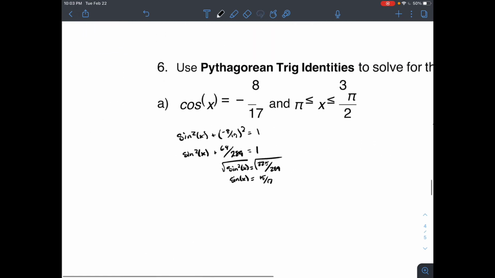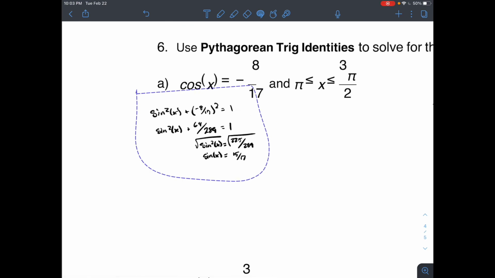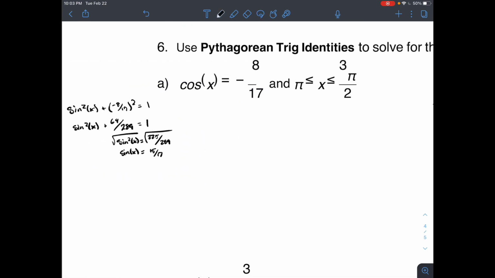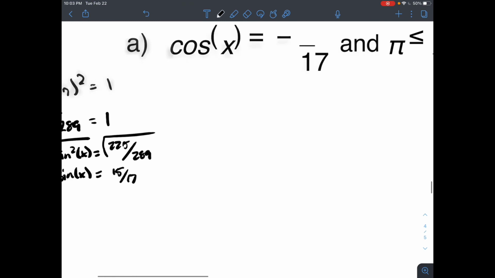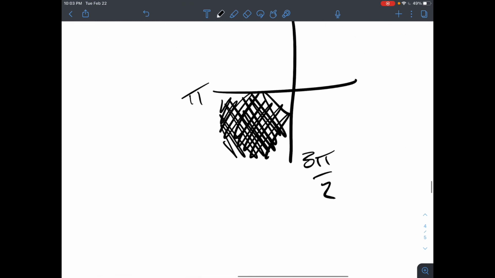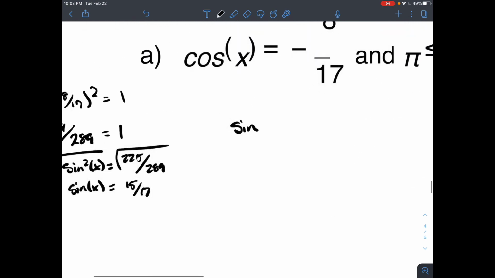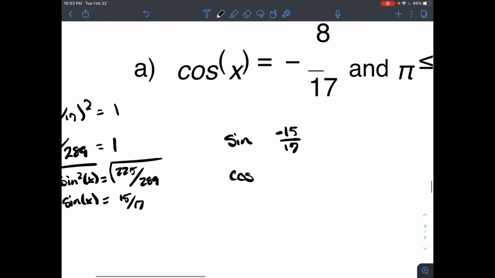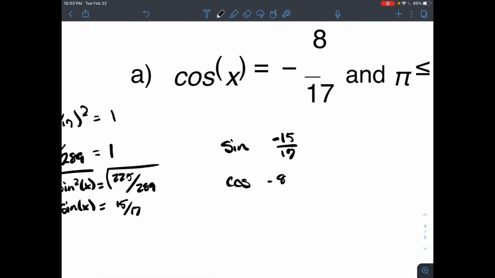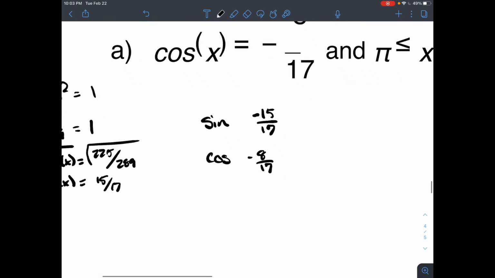So now we have our sine and our cosine. So let's go sine. But the one thing we do have to remember about sine is that we're in the third quadrant, so we're going to have negative, negative. So our sine is still going to end up being negative. So sine is negative 15 over 17. Our cosine is negative 8 over 17.